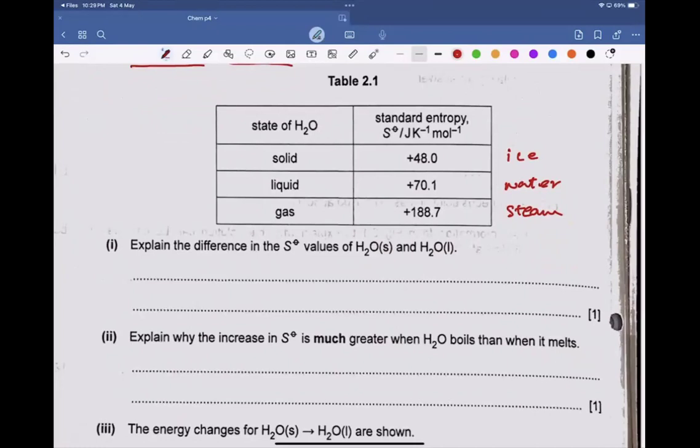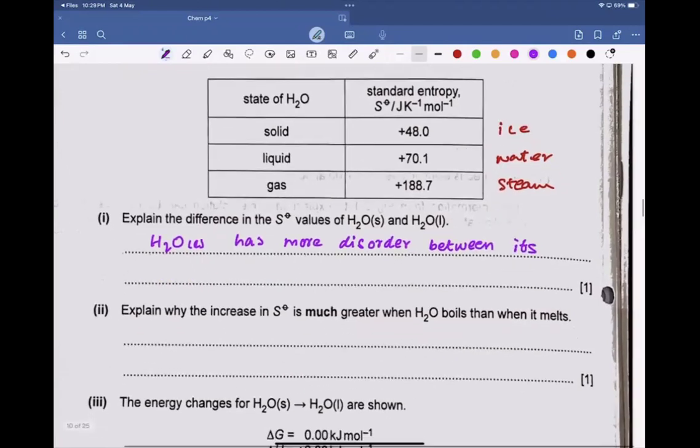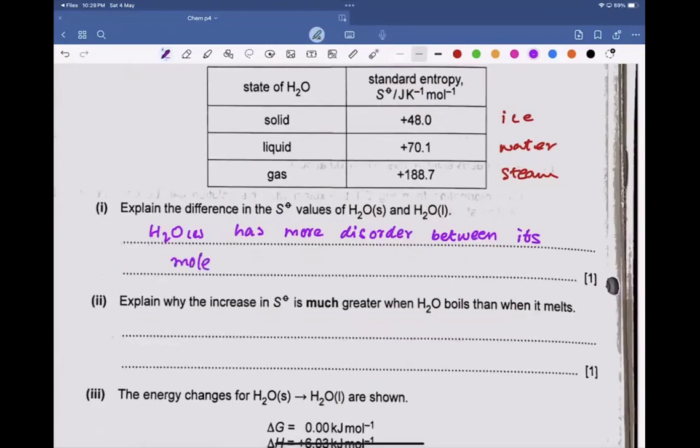Okay. So I will write that H2O liquid has more disorder between its molecules, isn't it?